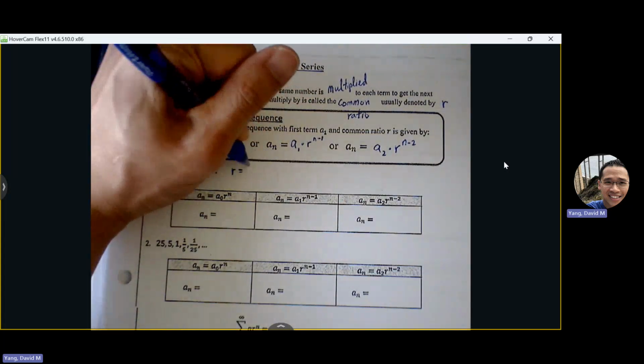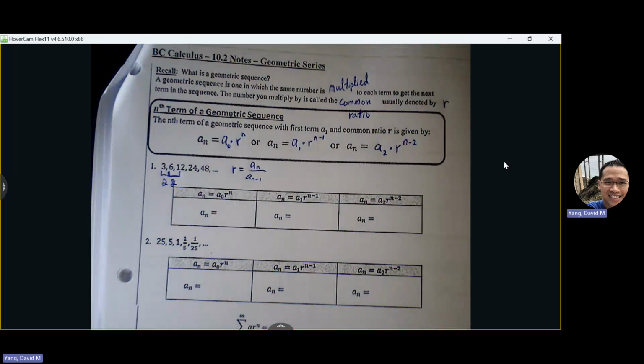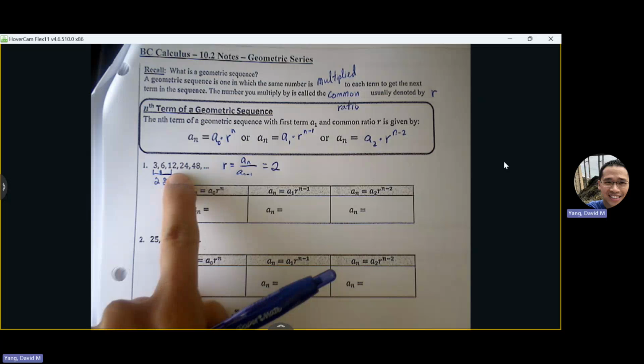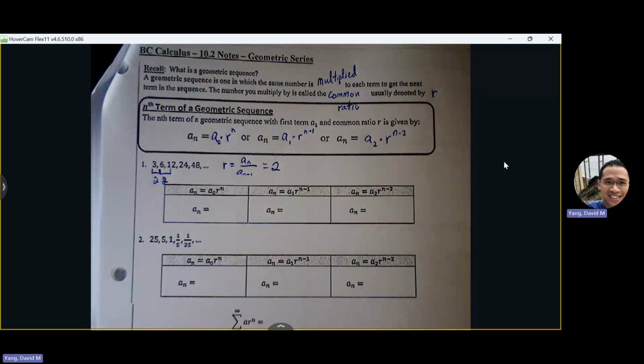If I want to find the ratio for a geometric sequence, it's a sub n divided by a sub n minus 1. Doesn't matter which terms you choose, as long as you divide by the term before it, and that's going to get you your r. So no matter which term we choose, if we divide it by the term before it, we're always going to get 2. That's our ratio.